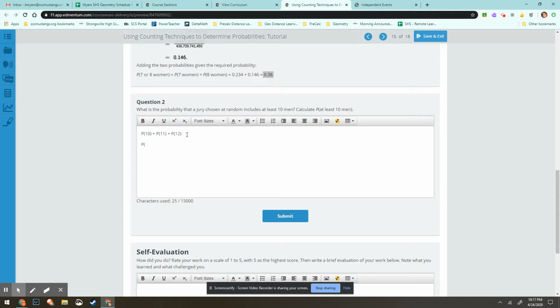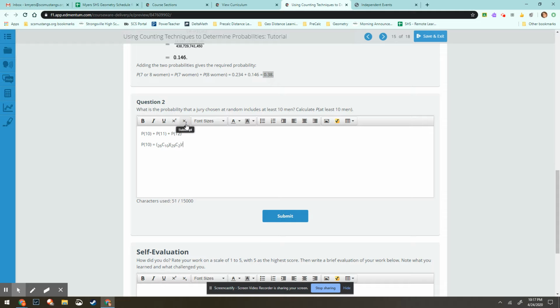So the probability of 10 would be, I would first of all have to figure out how to choose those 10 men. There are 26 men to choose from, and I'm choosing 10 of them. But we can't forget about the women. There are 29 women to choose from. And if I'm choosing 10 men, that means I'm choosing 2 women.